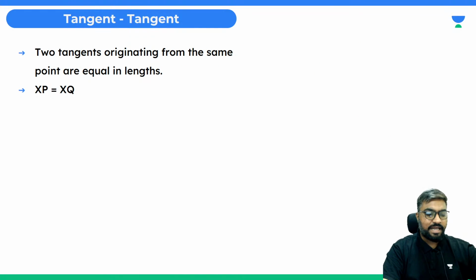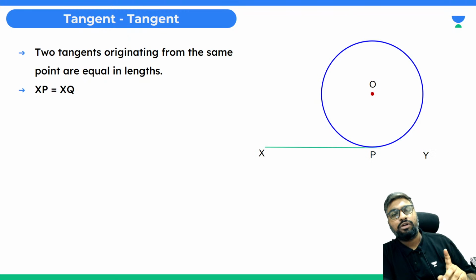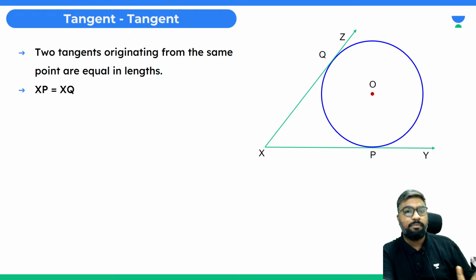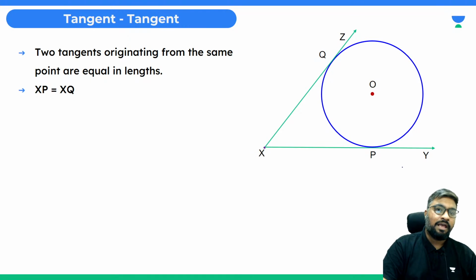Next is the tangent property. If there are two tangents originating from the same point, a circle can have only two tangents from a point outside the circle. And the lengths of these tangents are going to be equal. XQ and XP are going to be equal.